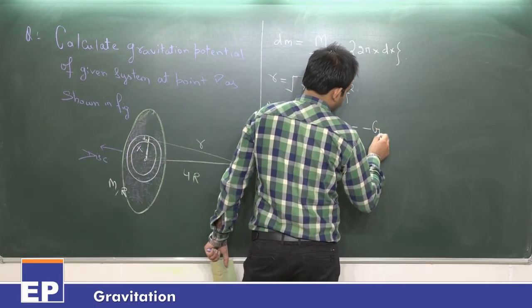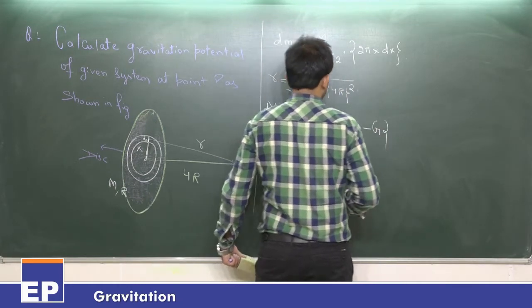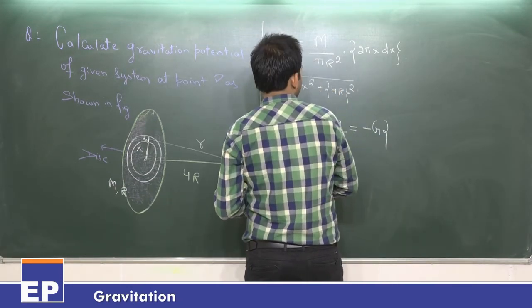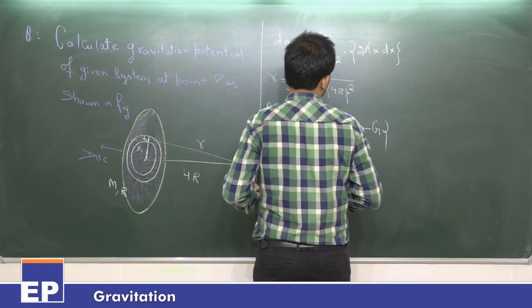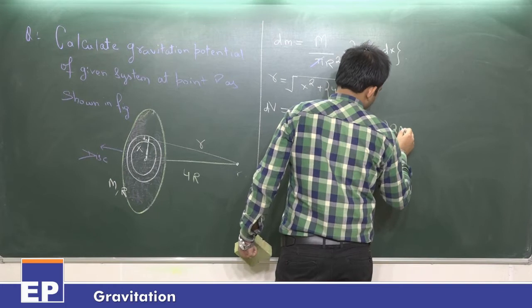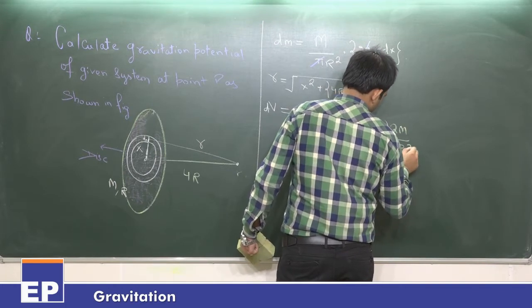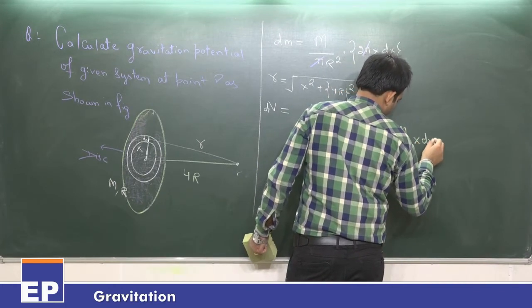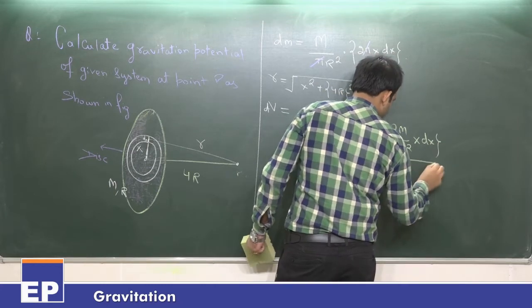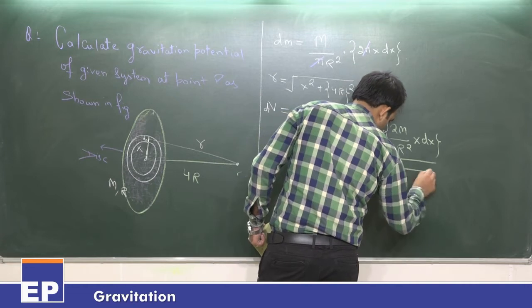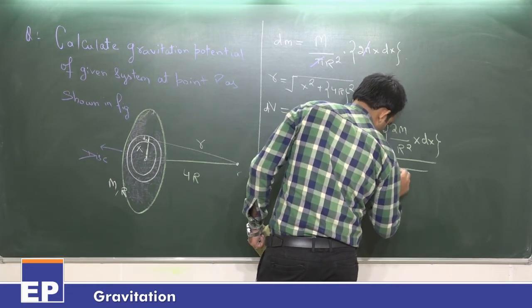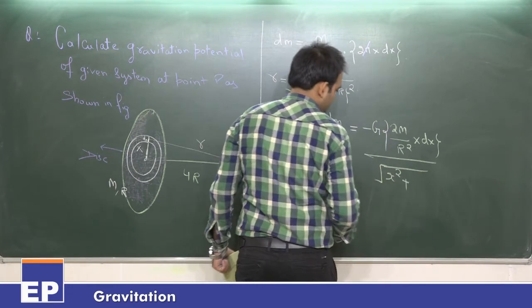It will become minus G into dm. What is dm? dm is this, that is 2m by R square into x dx divided by r. r is under root of x square plus 16r square.